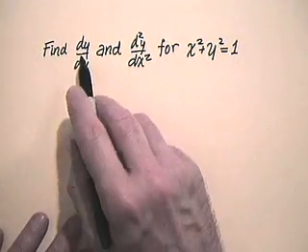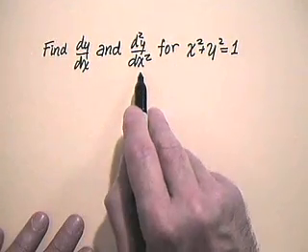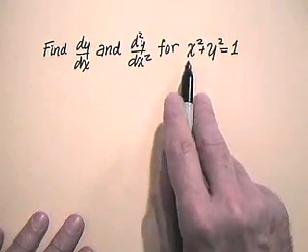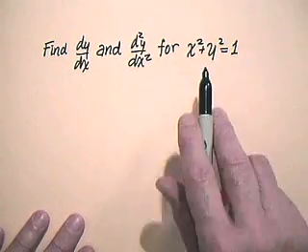Let's use our method of implicit differentiation, as extended to find higher order derivatives, to find first and second implicit derivatives of y with respect to x. Find dy/dx and d squared y/dx squared for the equation x squared plus y squared equals 1.